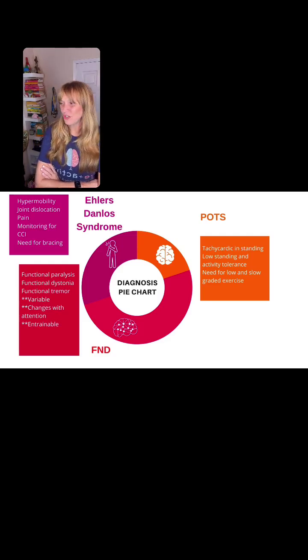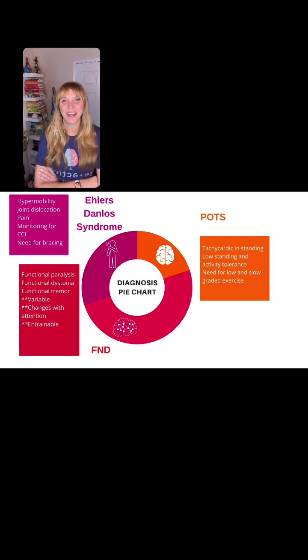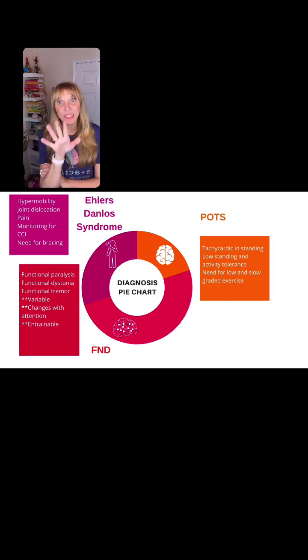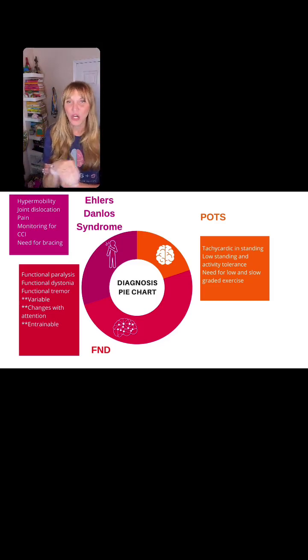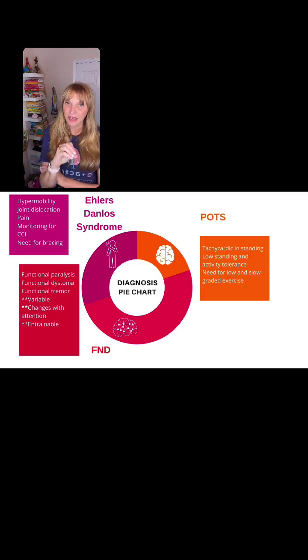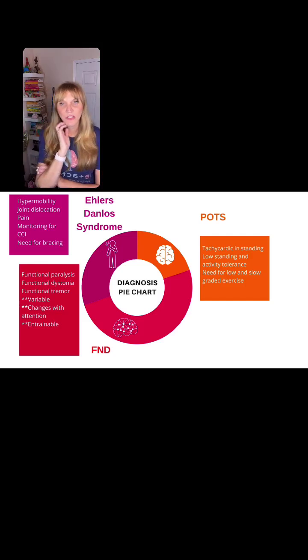That's not really unusual for most humans, to have more than one thing. They might have FND and migraine. They might have FND and an ankle sprain. But these three here are probably the most common co-occurring conditions that I see: FND, POTS, and a hypermobility spectrum disorder. It might be Ehlers-Danlos syndrome.